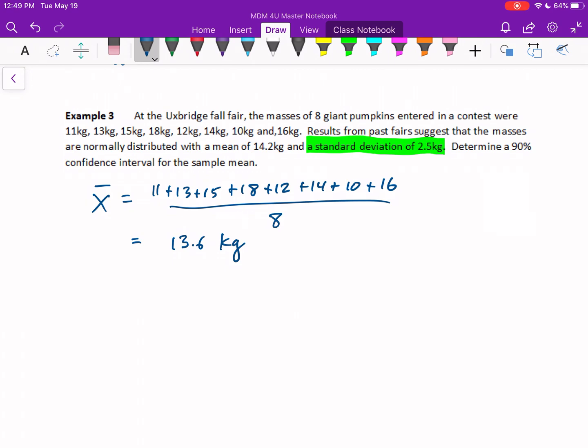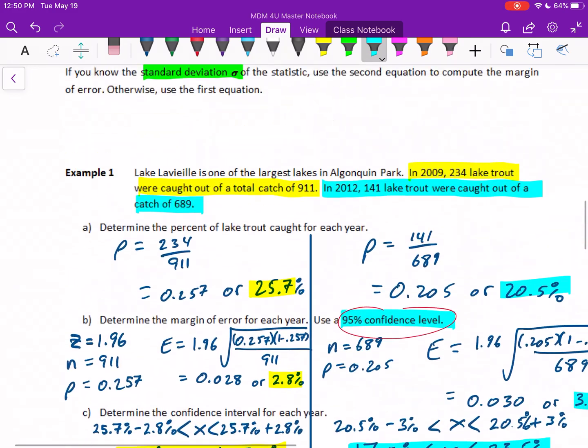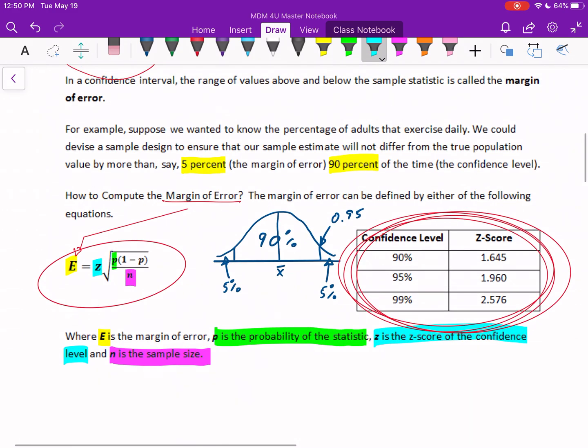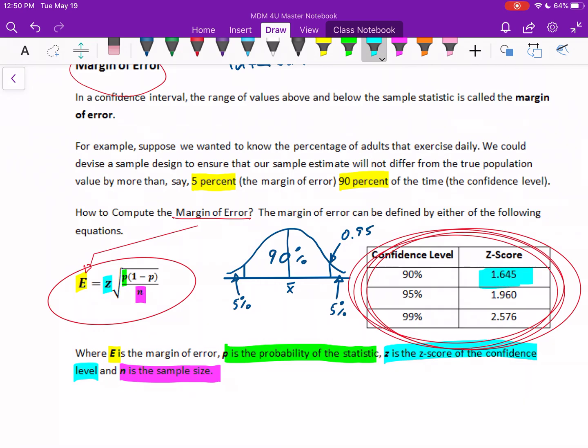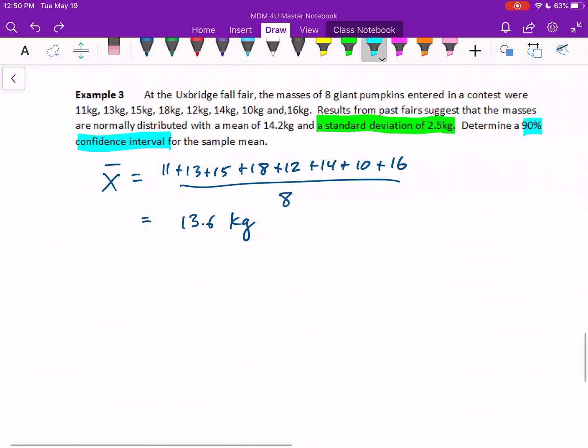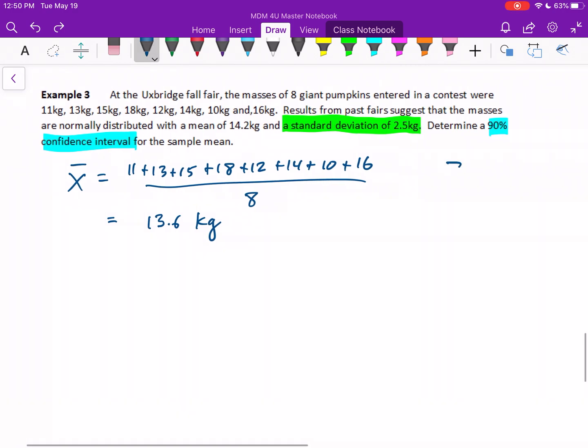We want a 90% confidence interval. Let's go back and look at the table again. 90% was a 1.645 z-score. Let's put that here. N equals 8. And again, we're given a standard deviation of 2.5.